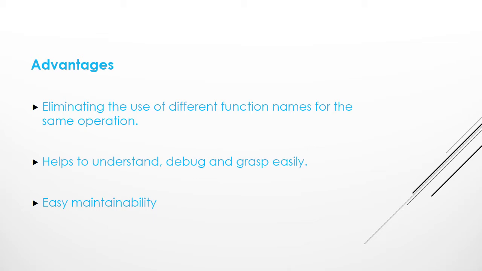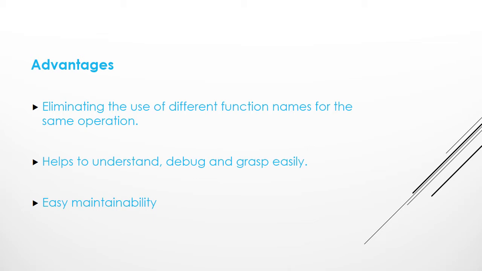And in the next function, say I have to add two floating point numbers also. So instead of defining another function, I can declare it using the same function name but using different parameters. So in effect, I am defining two different functions, but these two functions have the same name, that is sum, so that my function will look easier.